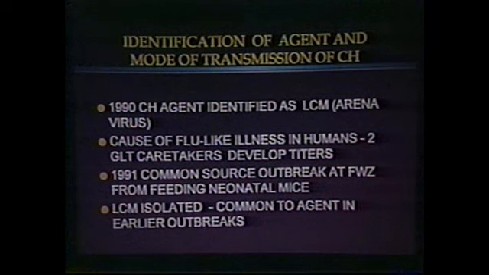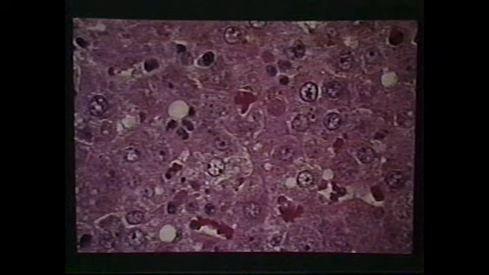We were able to isolate LCM from mice from a particular outbreak, which were fed at the time, and we then related that virus back to the agent that we recovered from earlier cases. So it was clearly LCM that was causing the hepatitis.